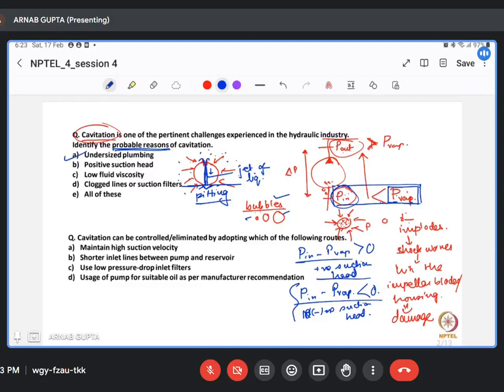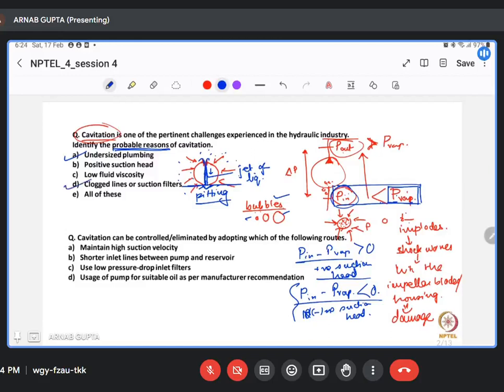And low fluid viscosity: the fluids which have low viscosity have less tendency of leading to cavitation compared to high viscosity fluids. So again, fluid viscosity is not a possible reason for cavitation. Then clogged lines or suction filters.